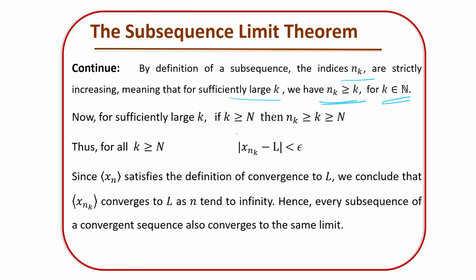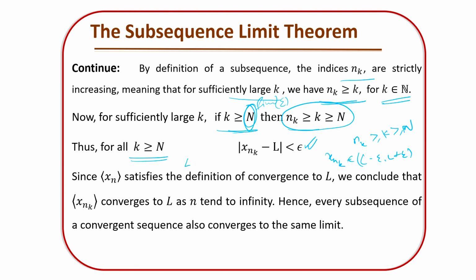For sufficiently large k, if k is greater than the capital fixed number N, this is the fixed one for epsilon, then the small nk is greater than or equal to k, and this k is greater than natural number capital N. Thus for all k greater than capital N, we have modulus of xnk minus L is less than epsilon, right? So now xnk lies in the neighborhood of L minus epsilon to L plus epsilon, right?